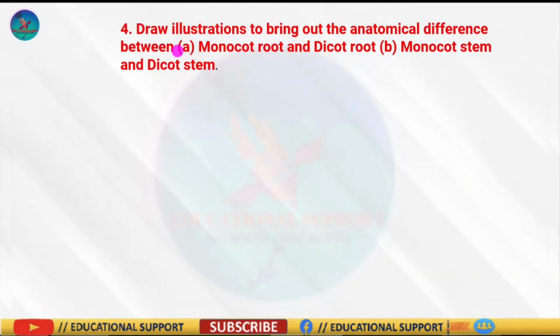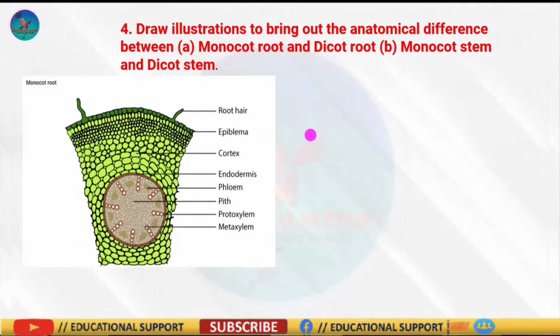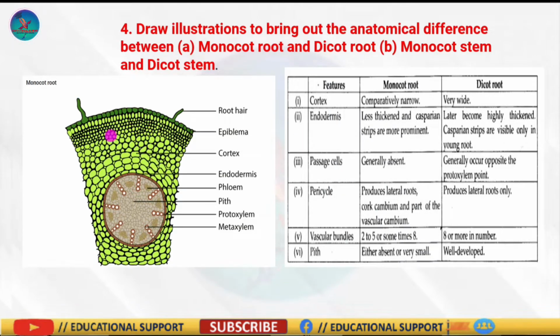Question number 4 is, draw illustrations to bring out the anatomical difference between monocot and dicot root and monocot and dicot stem. So differences between monocot root and dicot root are illustrated in the following figure and the following table. In monocot root, cortex is comparatively narrow, but in dicot root, cortex is very wide.